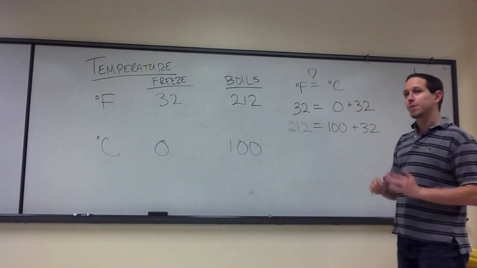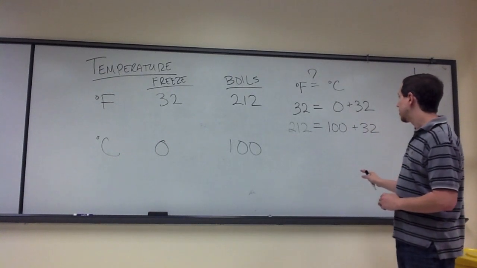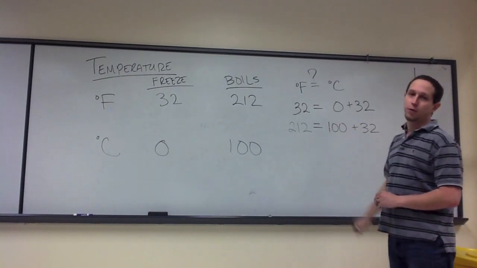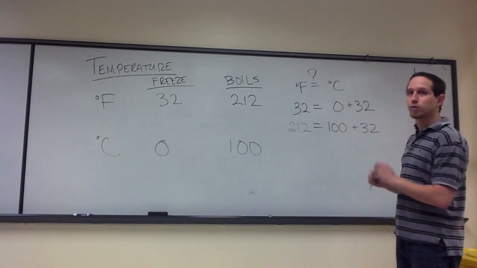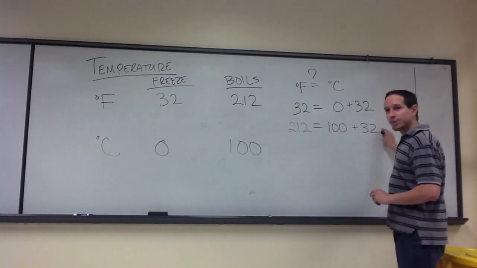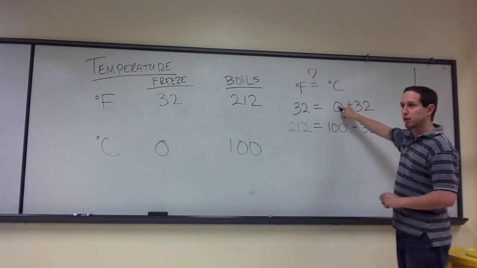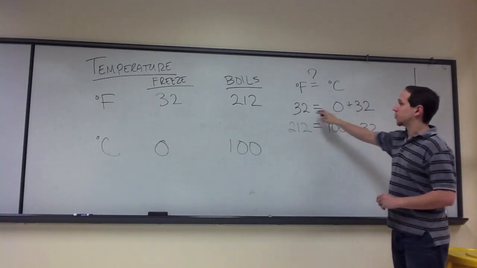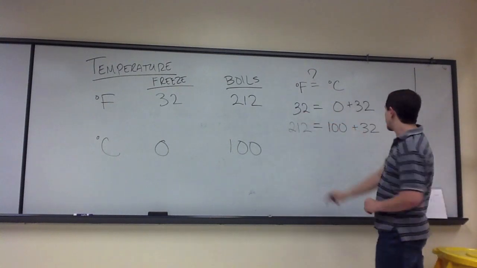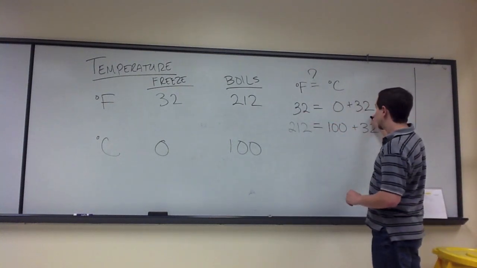So now I have to figure out what else I can add to this equation to give me the correct answer on both sides, or equal values on both sides. Well, I can't add or subtract anything else, because if I do that, then when I'm at 0, it's going to give me something other than what I'm expecting to see for Fahrenheit. In other words, if I add one more degree here, it's going to make this 33.